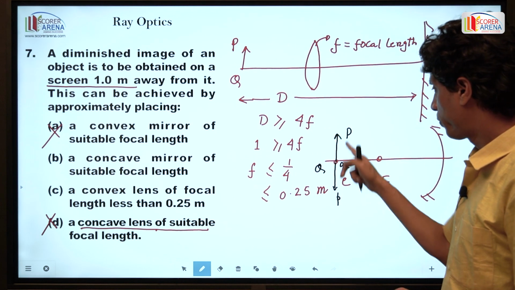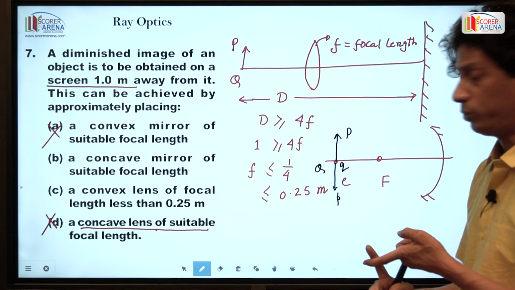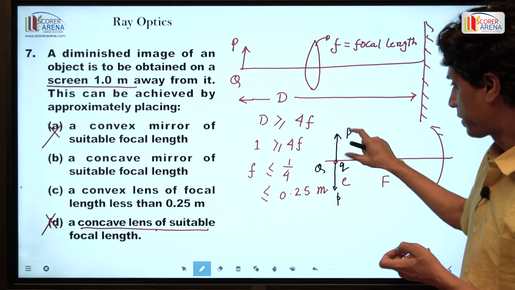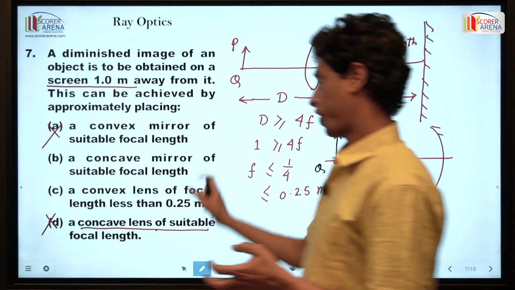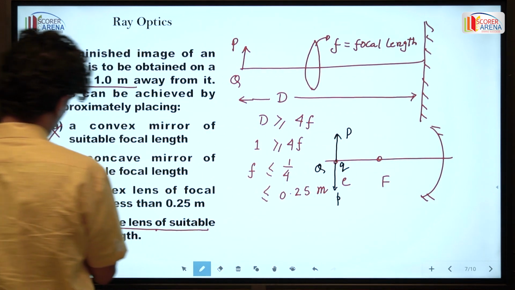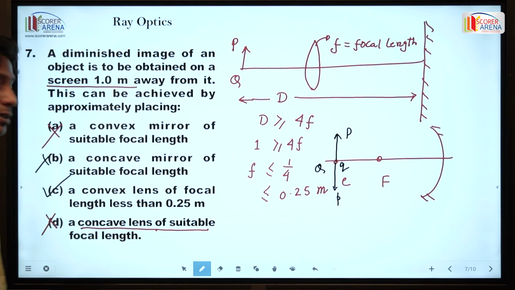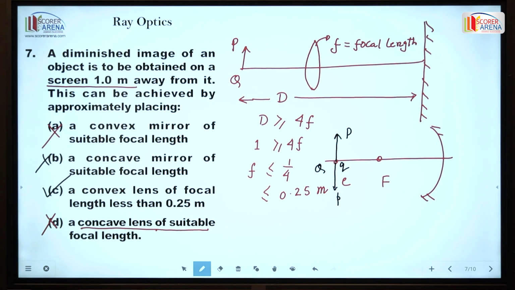So minimum distance between object and real image is 0. In this case, there is no question arise of minimum distance between object with its real image. So concave mirror of suitable focal length, this is not the right option. Here the right option is convex lens, that is convex lens of focal length less than 0.25 meter.